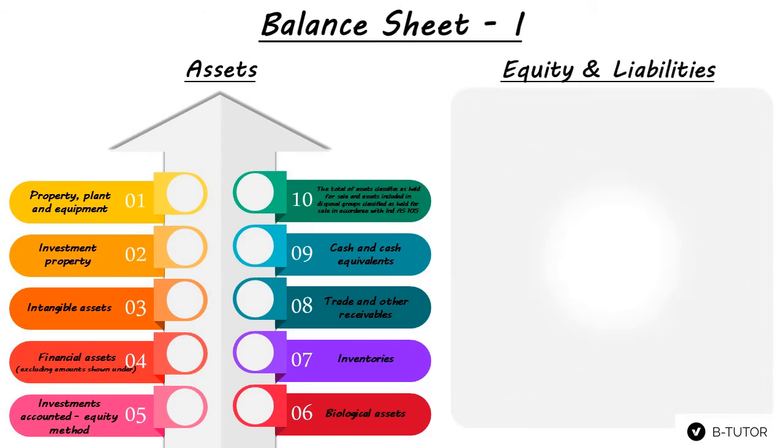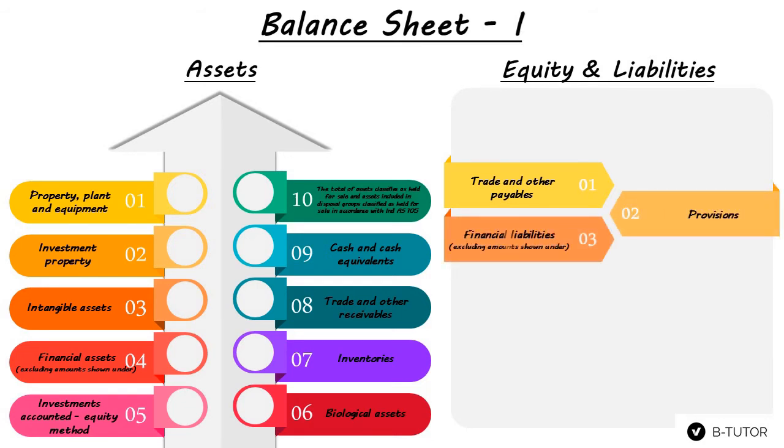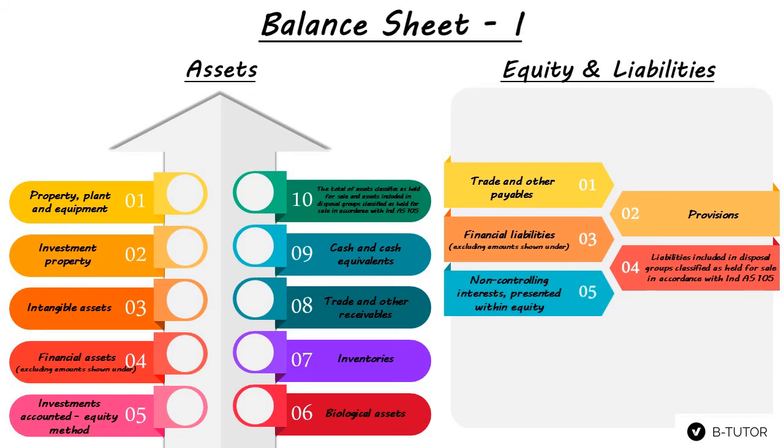Under liabilities side, we have to present trade and other payables, next provisions, next financial liabilities excluding amounts shown under, number 1, liabilities included in disposal groups classified as held for sale in accordance with Ind AS 105. Then non-controlling interest presented within equity.